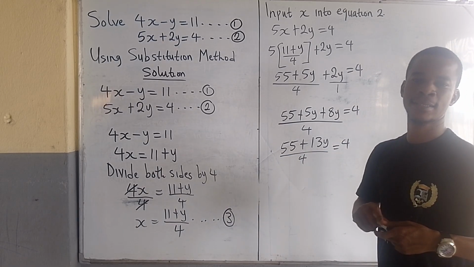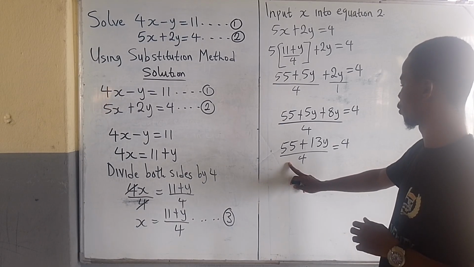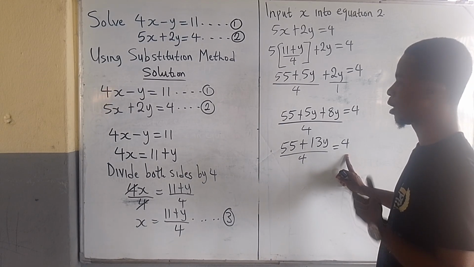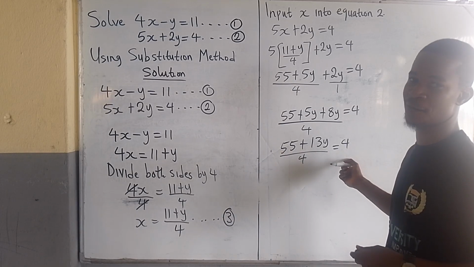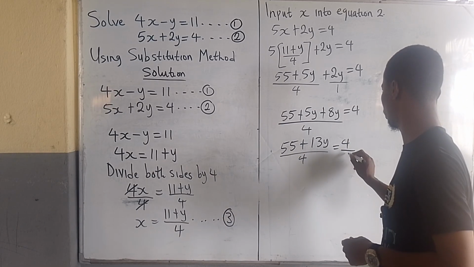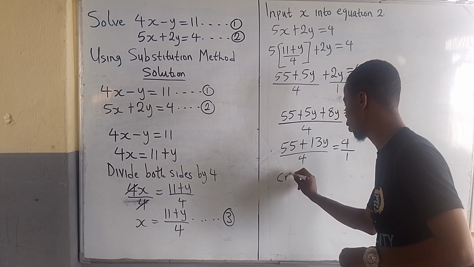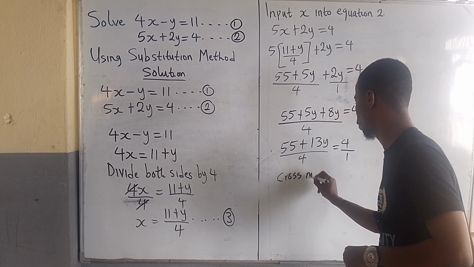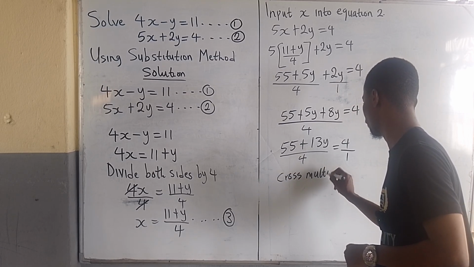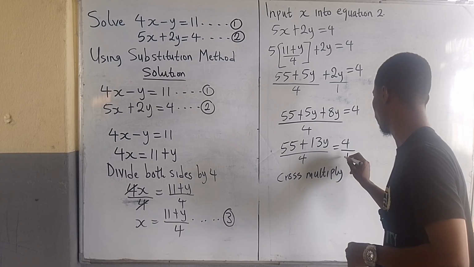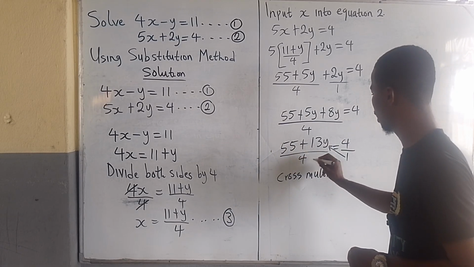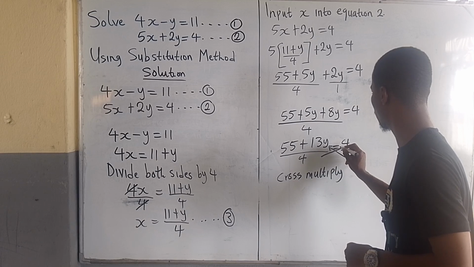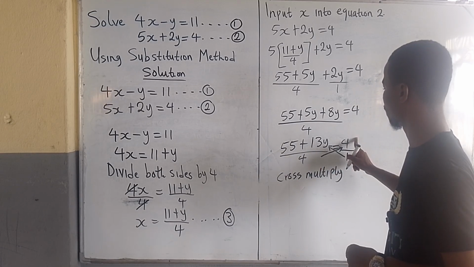Now looking at this, we have here a fraction and we have here a whole number. So we can simply make this other side a fraction by dividing it by 1. And then we cross multiply. That means this 1 will go up and multiply the numerator of this fraction. And here too, the denominator here will go up and multiply the numerator of this fraction.